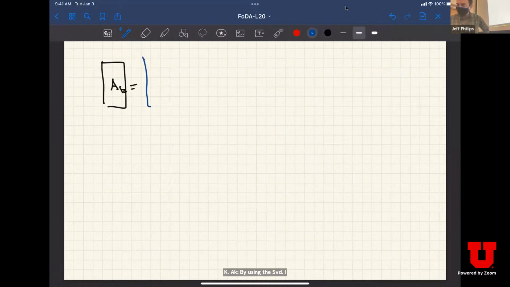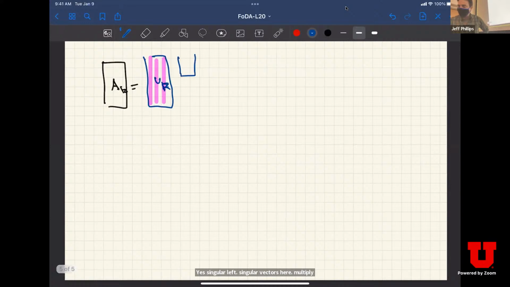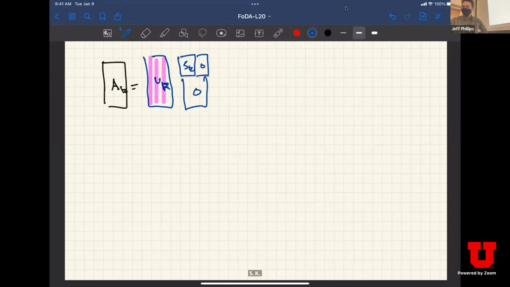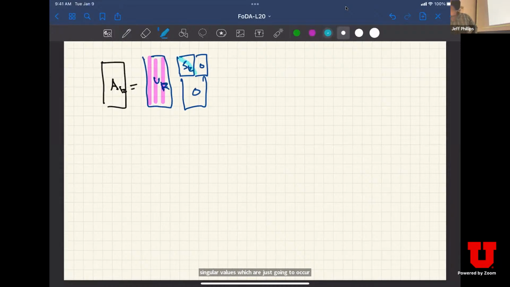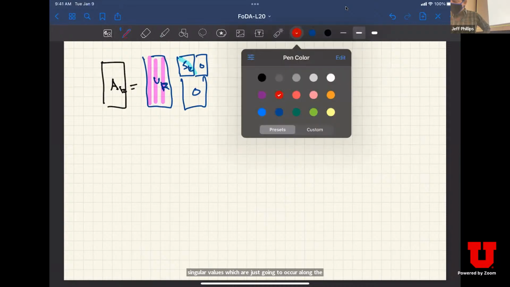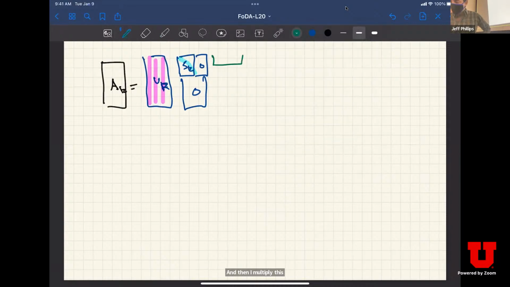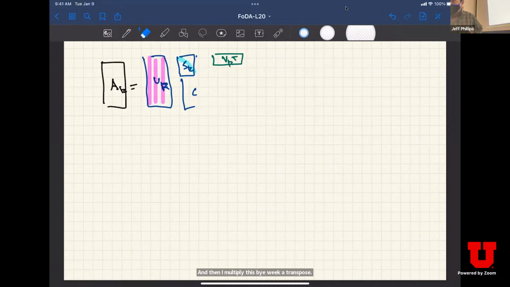I can take U_k, which is the first k left singular vectors, multiply this by S_k, which is just the top k singular values occurring along the diagonal, and then multiply this by V_k transpose.